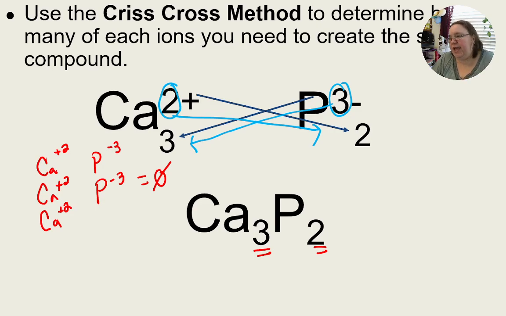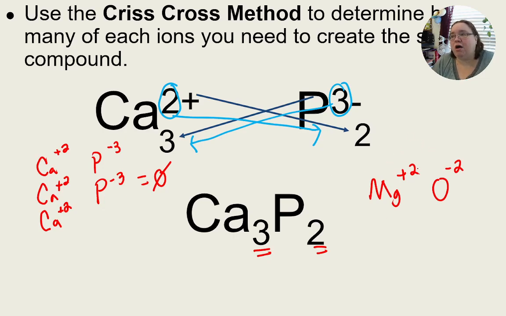So let's look at one more example. Let's say I have Mg, who's a +2, and O, who's a -2. And I do this example on purpose because this is one of the times where crisscross will not result in the correct answer.